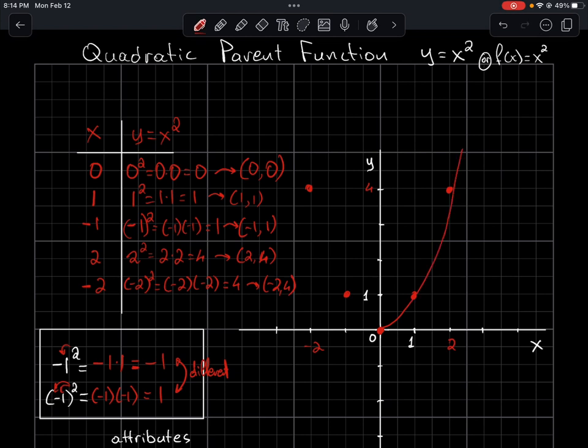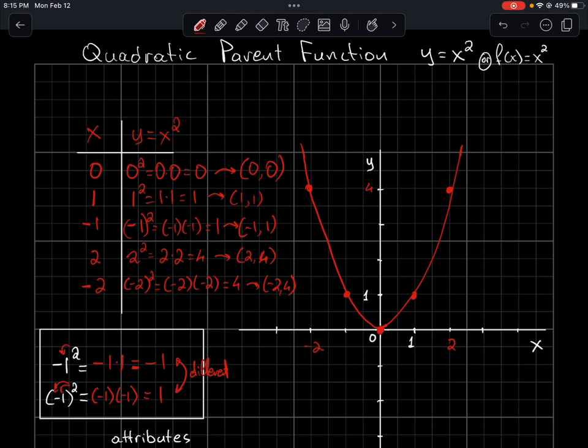It's going to be a little curve, not too pointy at the bottom, and it expands like that. I don't like this. Let's try again. That is good enough. It keeps going forever up and expands left and right.